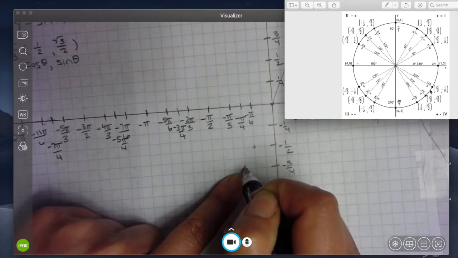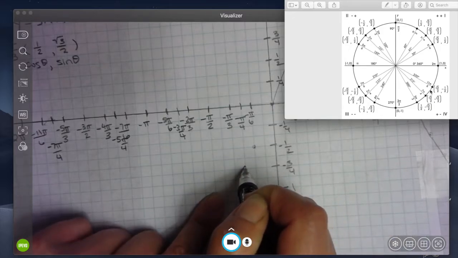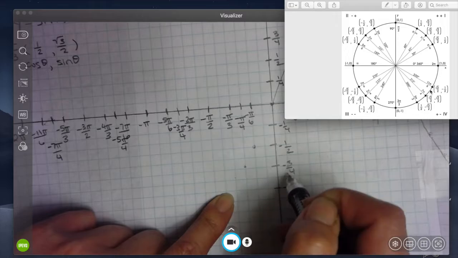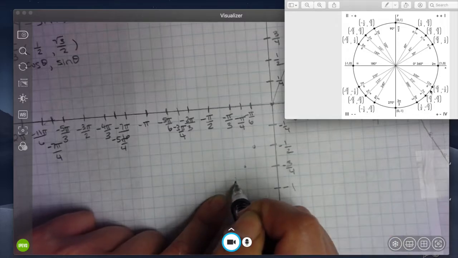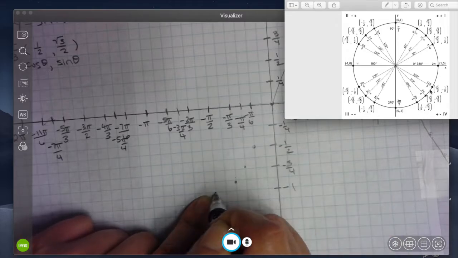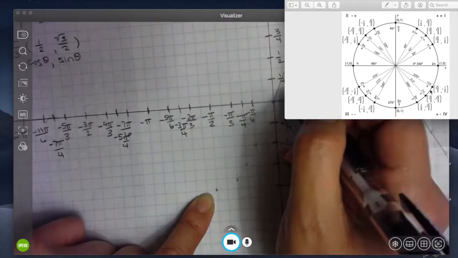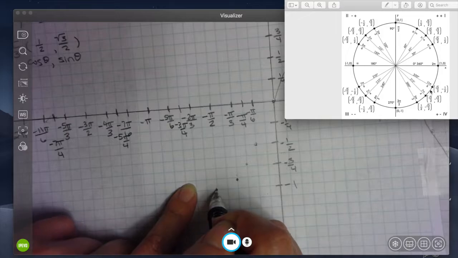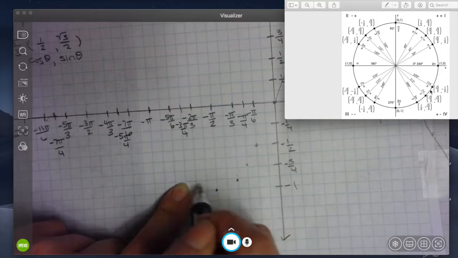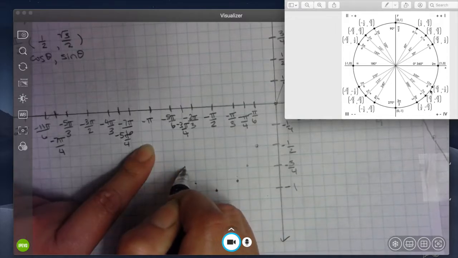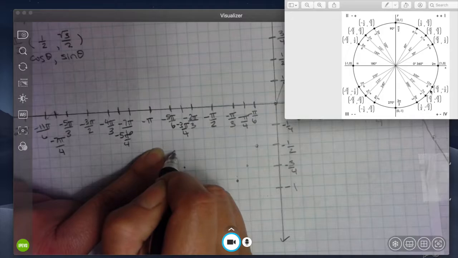Negative pi over 3 is going to be negative 0.87. That's right here. And then negative pi over 2 is going to be negative 1. You can start to see this nice smooth little curve here. We're going to come back around. So negative 2 pi over 3, negative 5 pi over 6, and then negative pi, the y value is going to be 0.